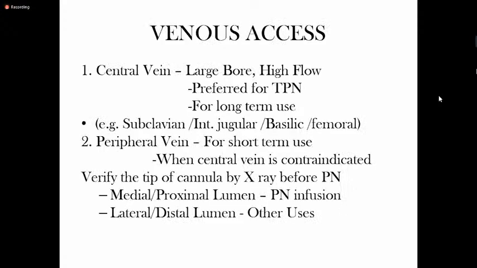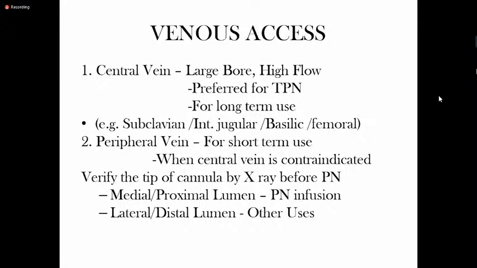Now we must find a venous access for this patient. We have calculated the solutions and prepared what we are going to give the patient. Now we must find a route, and the route usually is central. The central vein should be a large bore, high flow vein. It can be peripheral for parenteral nutrition, but this is for short-term use.